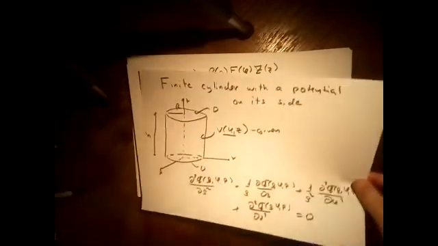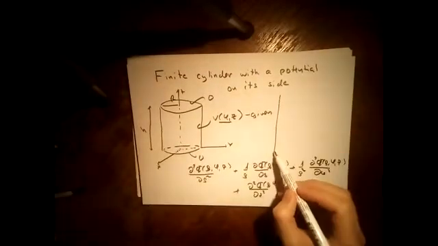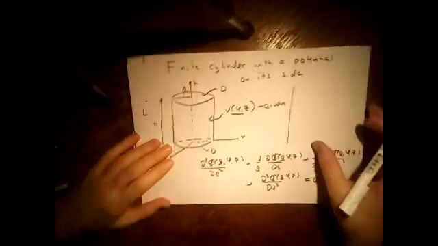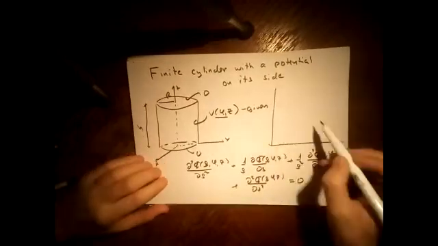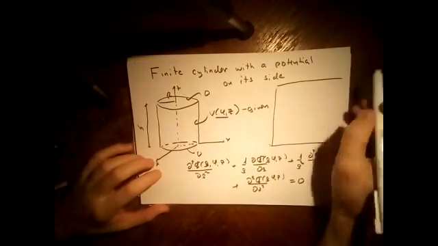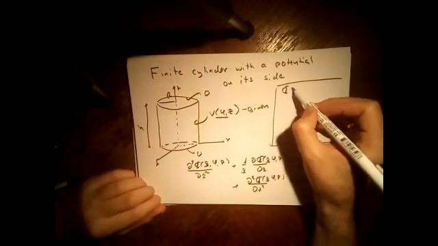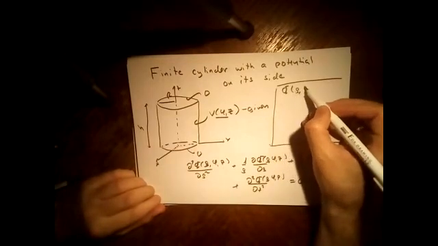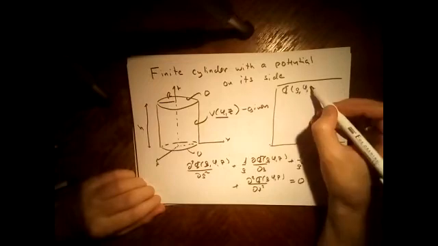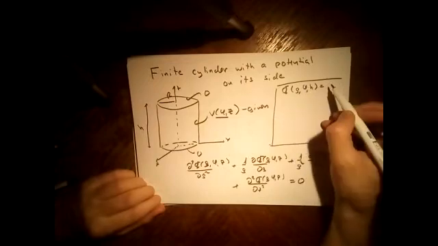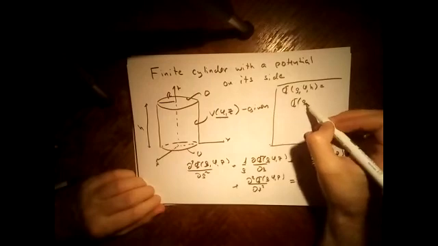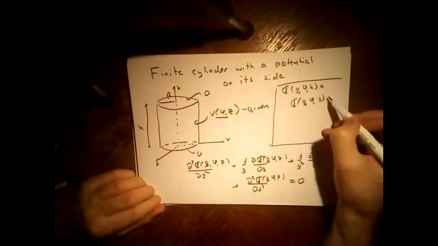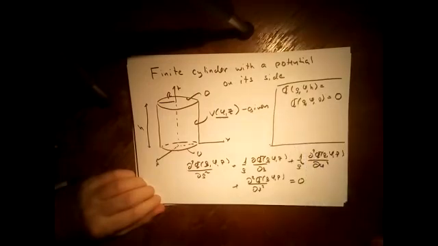Okay, so the boundary conditions were given, but let me write them here separately. We're going to have a boundary condition whereby Phi(rho, phi, h) is equal to Phi(rho, phi, 0), and that's equal to 0.